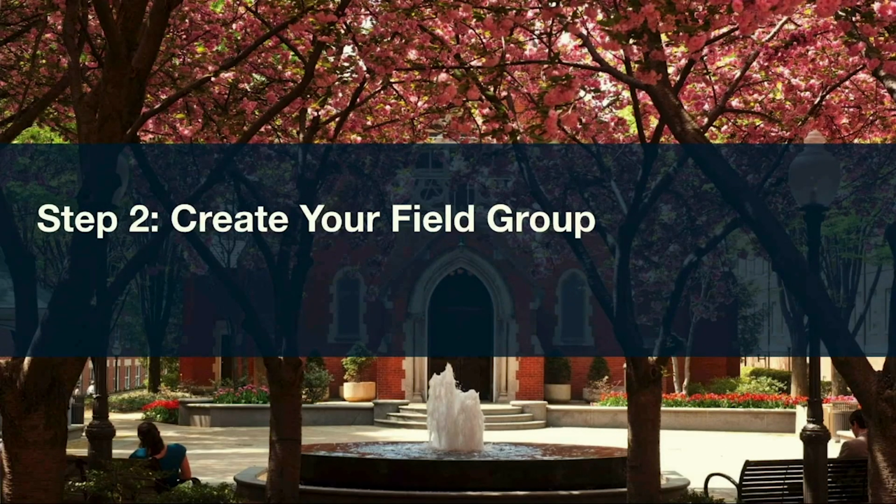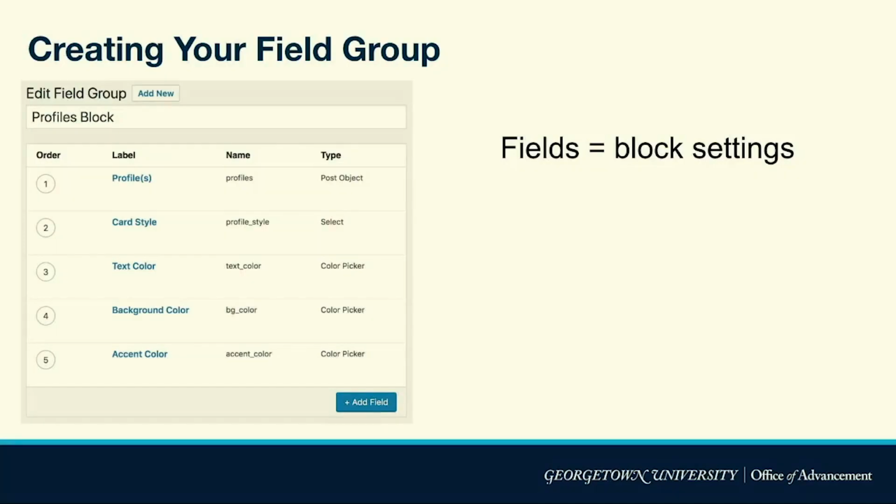All right, so we're probably all familiar with this part, and you're going to create your field group. In this case, I'm using two field groups, one for the actual content type itself, the post type, and that has all the information about the faculty member. But here we have the block settings. I don't know if it's too small to see, but we have the styling options, and basically your fields are going to be your block settings.